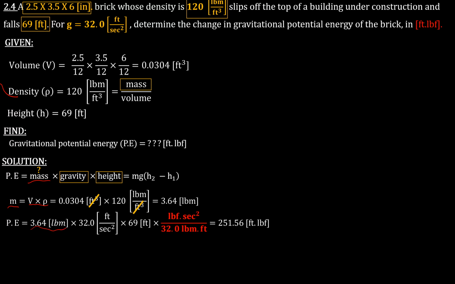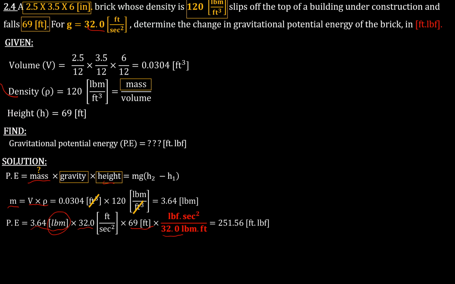The gravity is given as 32 feet per second squared, times 69, which is the height, times the conversion factor, where we want to convert pound mass to pound force. That's why we divide by the gravitational constant, and we use 32 instead of 32.2 to keep it the same value as the given gravity.